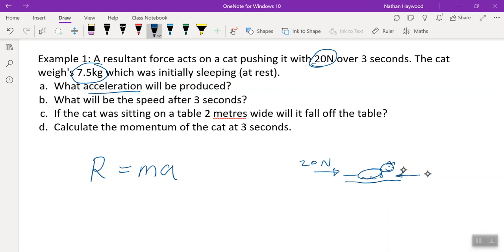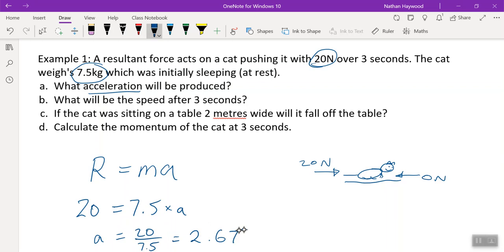Air resistance, friction. We'll assume that's 0. So sub in the values, rearrange, and the cat accelerates at 2.67 meters per second squared.